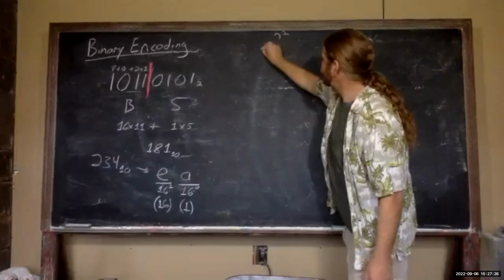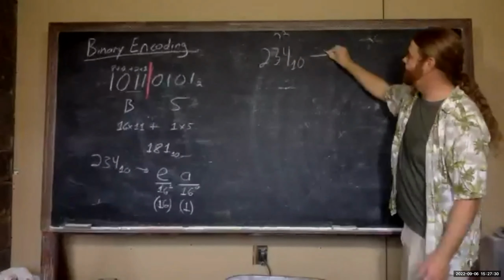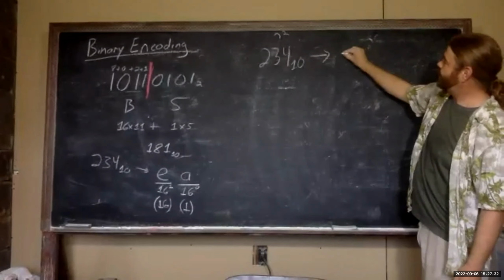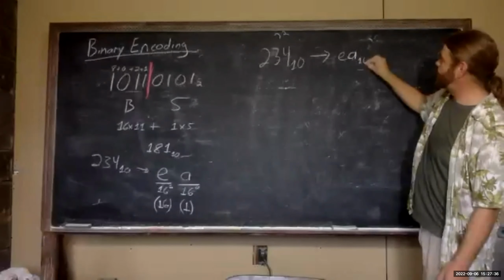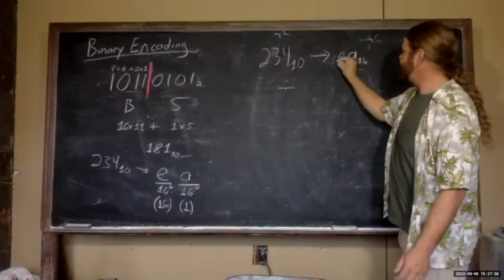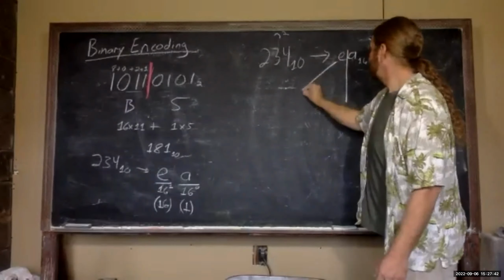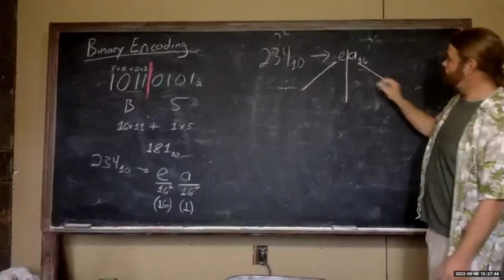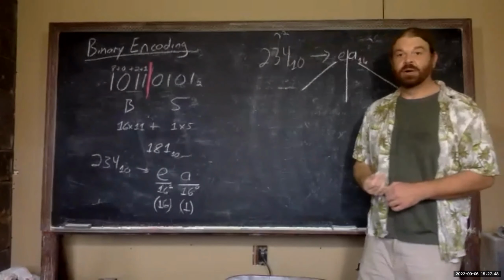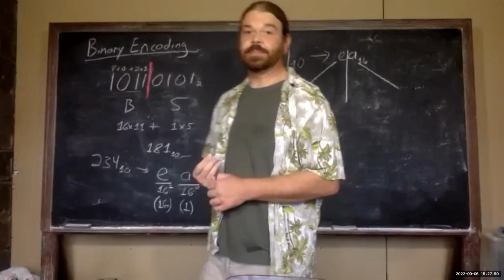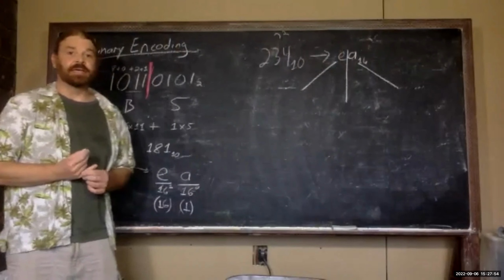So 234 in base 10, I should have just written up here to begin with, goes to EA in hexadecimal, and then each hex digit is 4 bits. So E, which we found because it was a 14. What is 14 in binary? Somebody want to tell me what 14 is in binary?